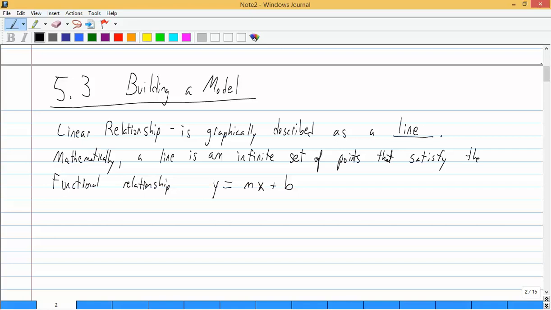All right, and so if we have just one y equals mx plus b, then of course we know that m is the slope of the line and b is the y-intercept.